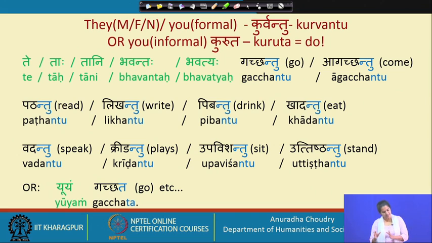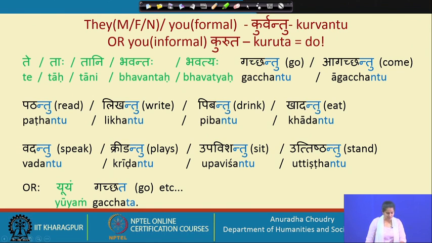And then we have the second person formal, which is bhavantaha, bhavatyaha, and gachantu, agachantu, pathantu, likhantu, pibantu, khadantu, vadantu, kridantu, upavishantu, uttishtantu.